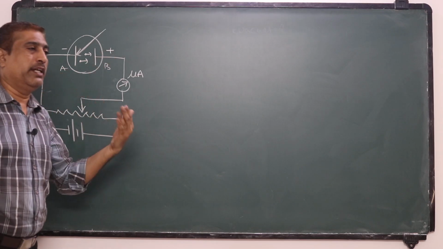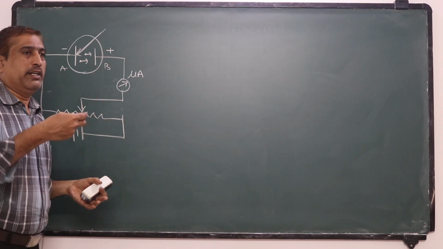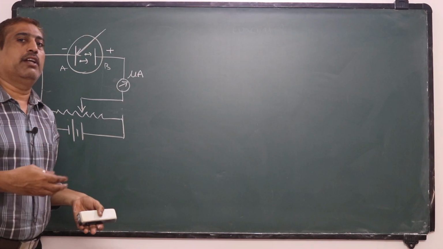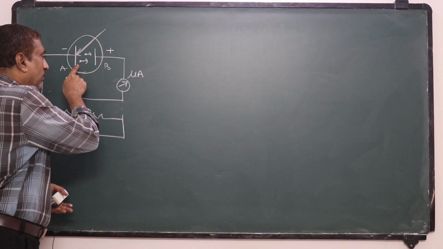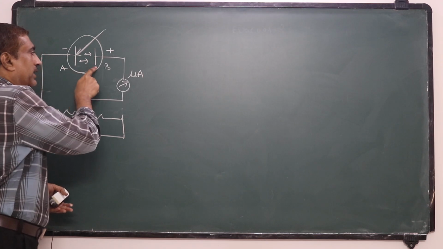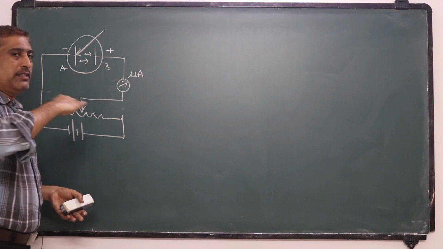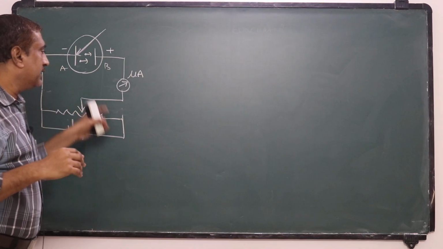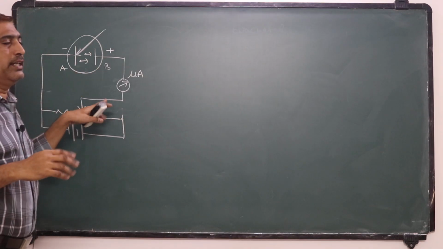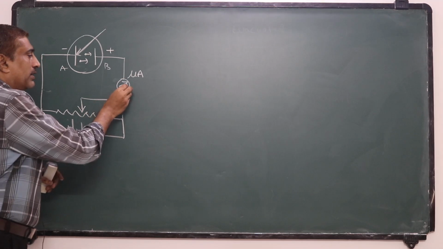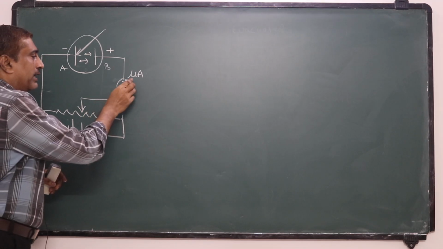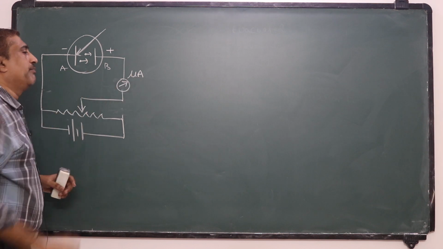Accelerated means they gain kinetic energy, so their velocity increases and they move. That means there is a flow of electrons from one plate to the other inside the tube. As the electrons move, they cause current through this circuit, which we call photocurrent, and we can measure it with the microammeter.